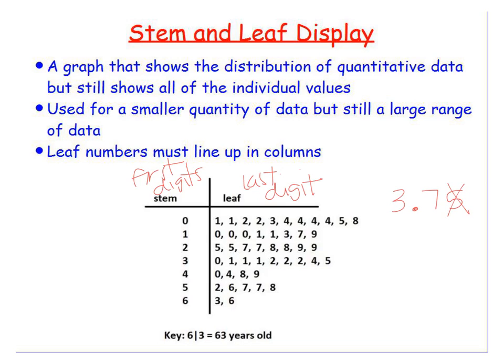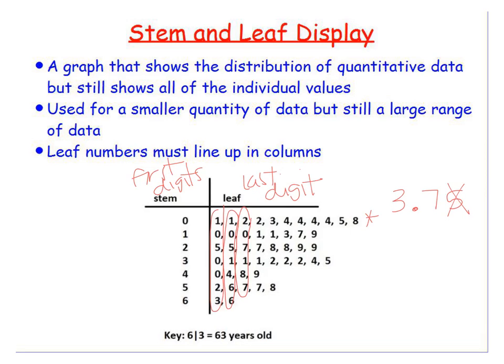And notice these are columns. If these are not in columns, you will lose points. These have to line up because then you're able to see which area has the most data. And as you can see, that guy right there, these single digits, those are your most common digits.